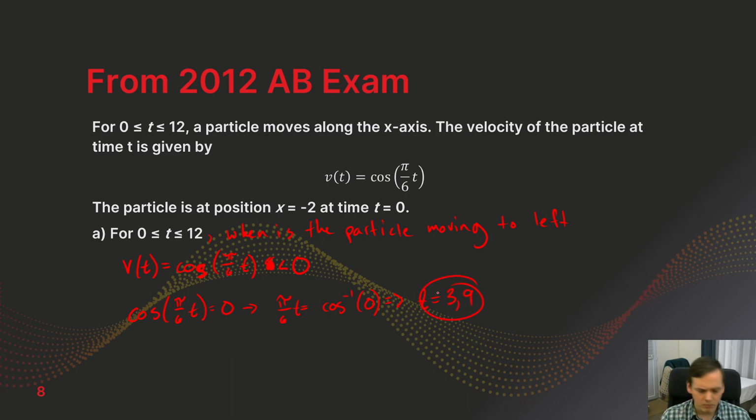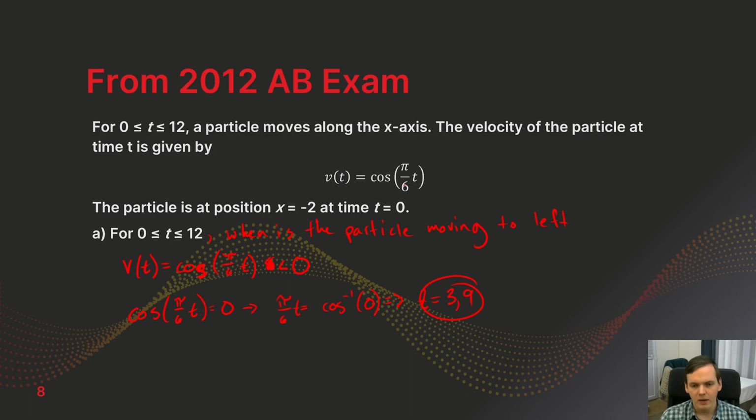You can go through and play with that on your own, but basically we look at when cosine is equal to 0, write out a couple of those, then multiply by 6 over pi and find the values that are between 0 and 12. If you need help with that, call me over in class or ask me about it and I'll be happy to help. Anyway, for t, we get 3 and 9.